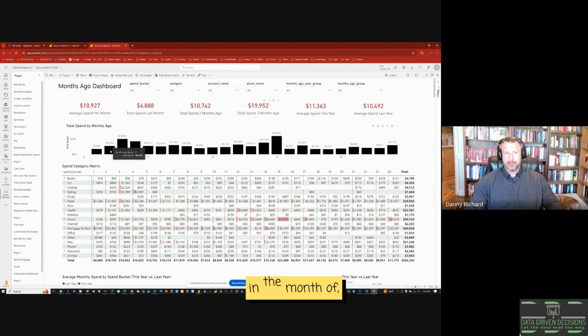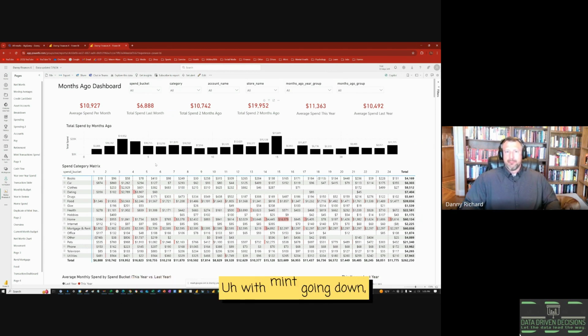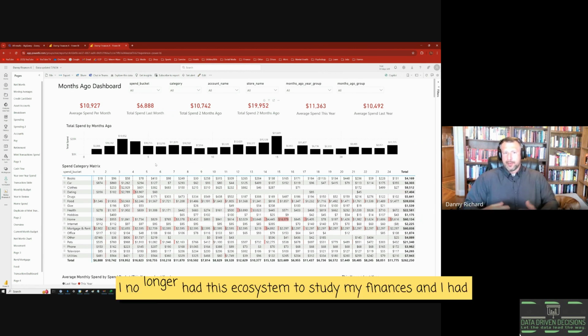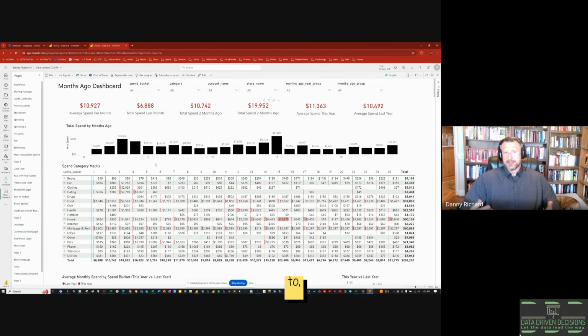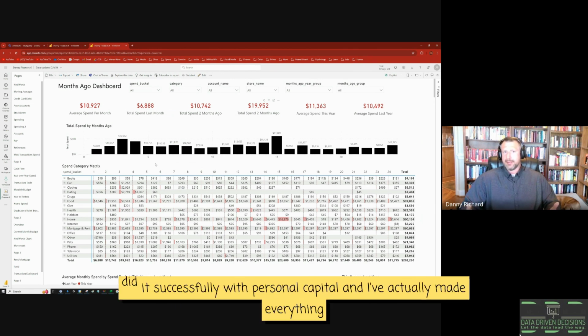Before that, in the months of May and April and March, my spending got out of hand, and the big reason why is because I lost track of my finances. With Mint going down, I no longer had this ecosystem to study my finances, and I had to think of how I was going to migrate the work, and I did it successfully with Personal Capital, and I've actually made everything way better.